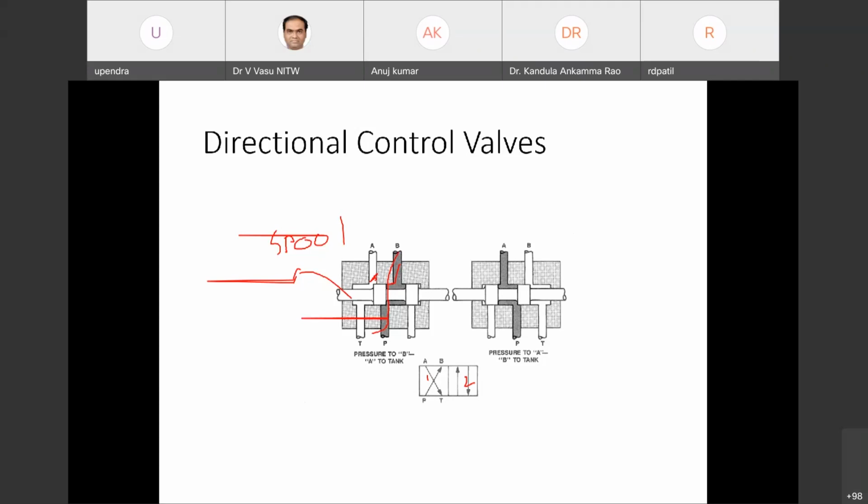When the spool moves to this side, this portion is closed and this portion is opened. So this is position one and this is position two. That is how we can activate this position or that position, so that depending upon your application, you can make the spool move. The working principle of the direction control valve looks like this.